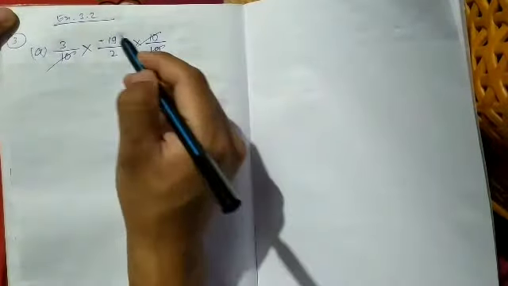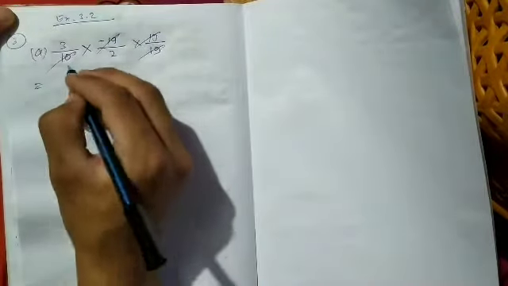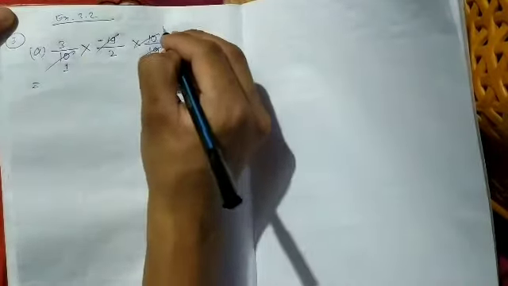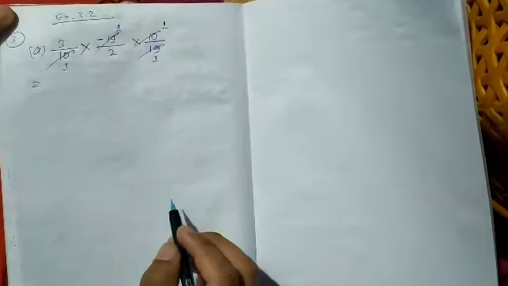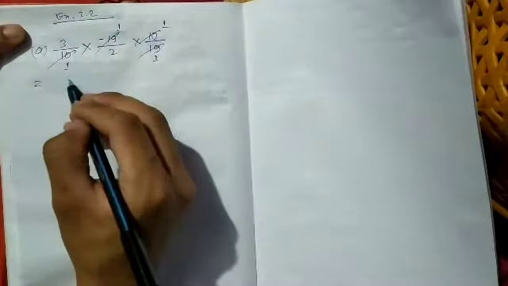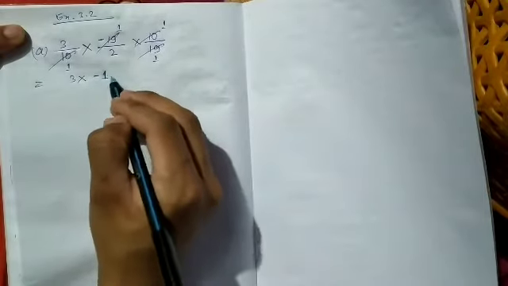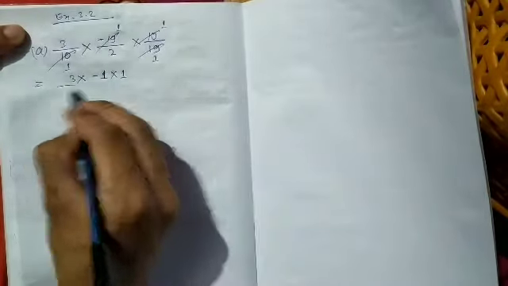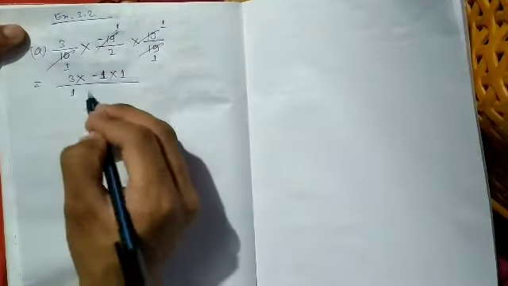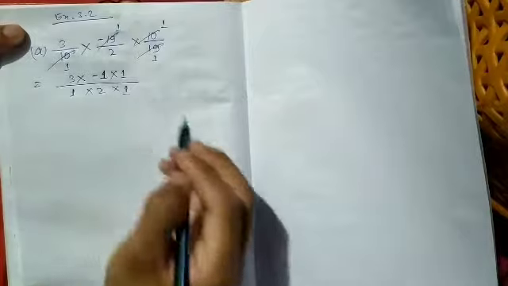Next, 19 and 19, so this is 1. After doing that, what will be remaining in the numerator? 3 into minus 1 into 1, because we are multiplying numerator into numerator, and all the denominators also we have to multiply: 1 into 2 into 1.